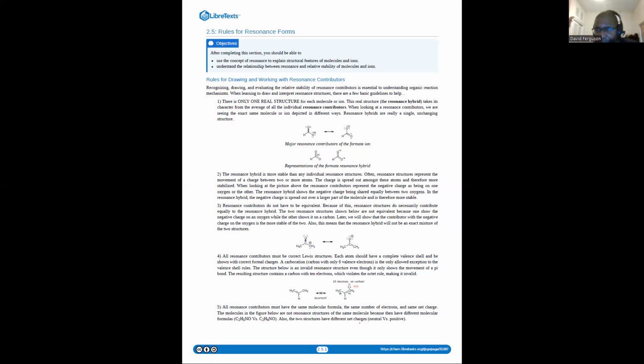And what is that based in? It's based in Coulomb's law, in which the positive charge of the nuclei of the different atoms interacts with the electron cloud. The more interactions you have, the lower the potential energy and the more stable the molecule.